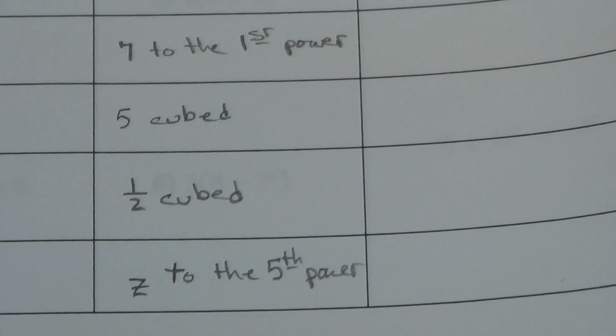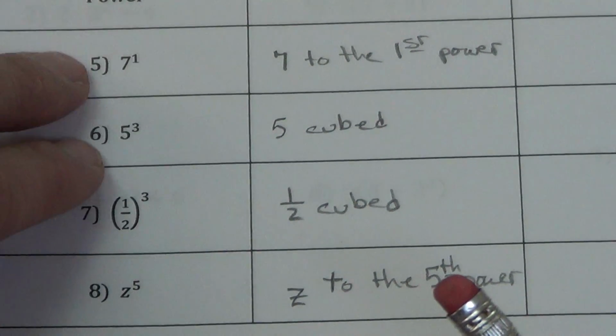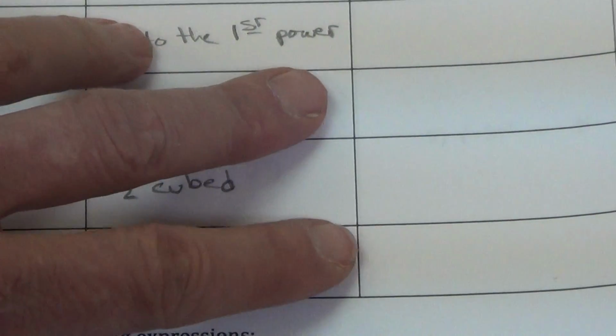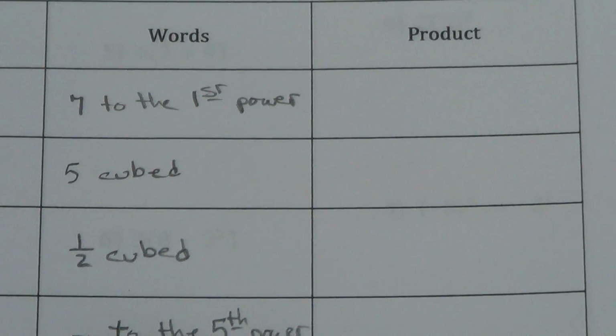Now, to actually calculate those, moving from this side of the table over to the far side, you can see it all on your paper, so you can watch that.